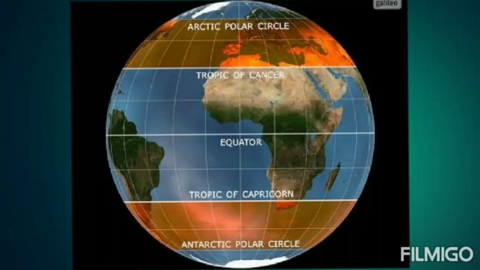Next we will turn towards the temperate zone. Okay, so there are two temperate zones, one in each hemisphere. The northern temperate zone lies between Tropic of Cancer and the Arctic Circle. And the southern temperate zone lies between Tropic of Capricorn and the Antarctic Circle.